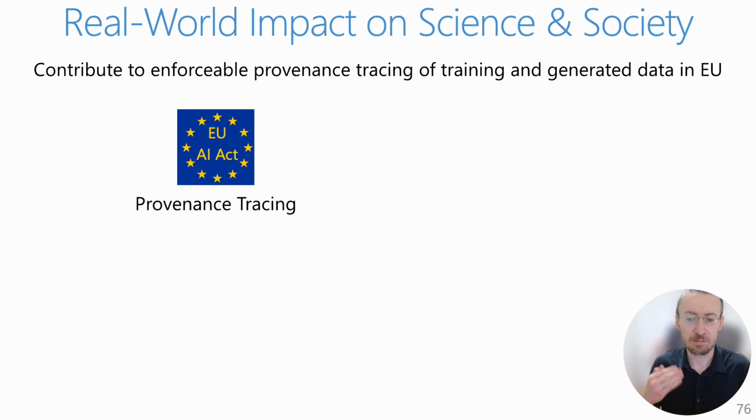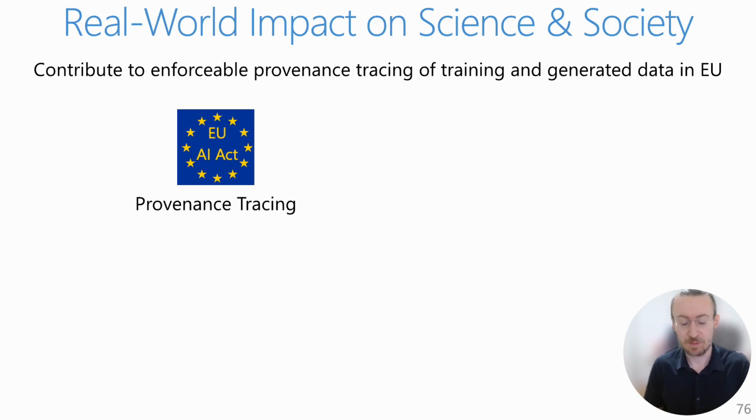It really sets the standard, one of the most restrictive standards in the world, for how to make AI safe, secure, and more trustworthy. By providing these tools for data provenance, we can make this law enforceable. We can ensure that our models are truly safe. This law is strict, and we are not there by all means.